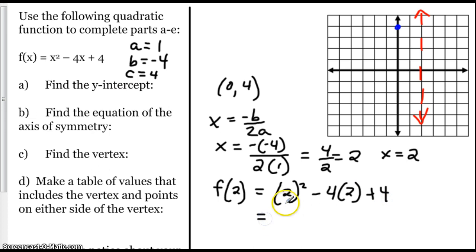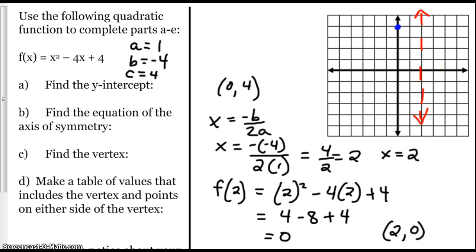So we simplify and we get 2 squared is 4, and then -4 times 2 would be -8, and then +4. And we end up with 0, because 4 minus 8 is -4, +4 would be 0. So our vertex is (2, 0).